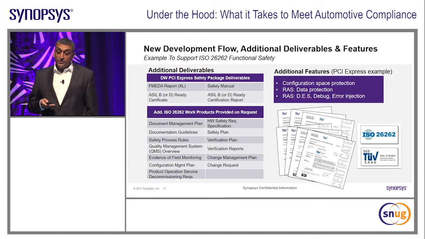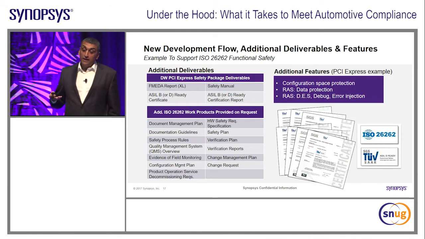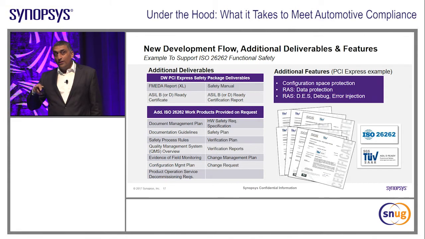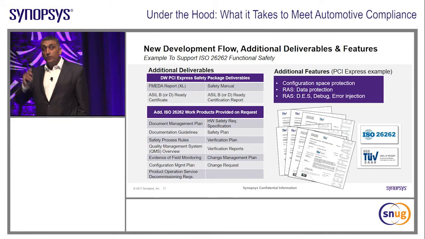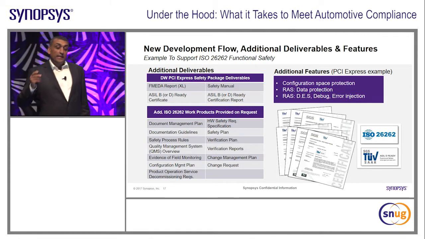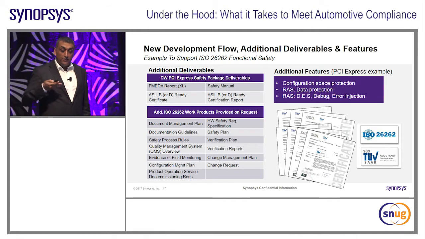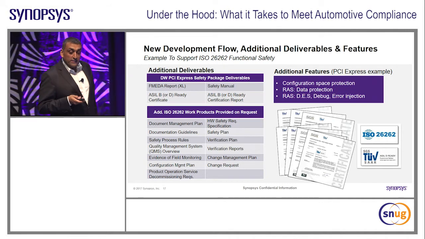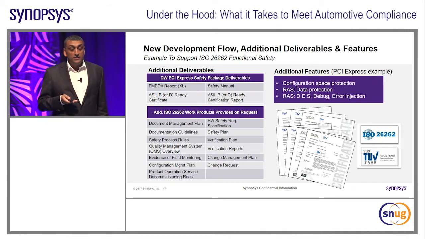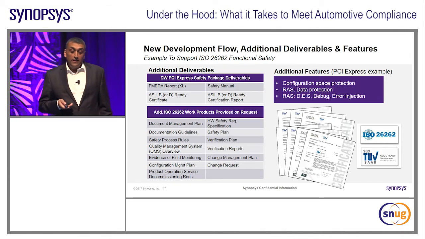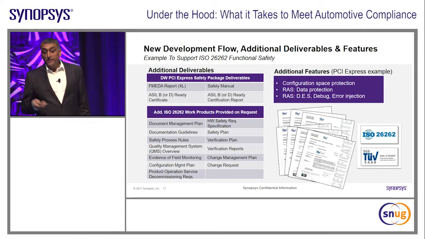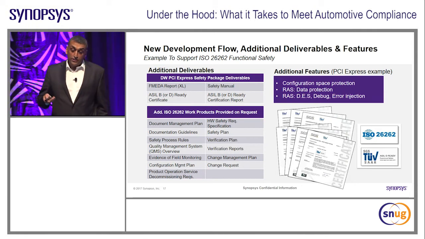The additional features, and I'm giving a PCI Express example again, and I'll get into more detail on the actual RTL changes that we make to a PCI Express controller in a few slides, but I just want to give you the introduction here. The additional features include things like RAS, reliability, accessibility, and serviceability. And those features need to support things like data protection, error injection.